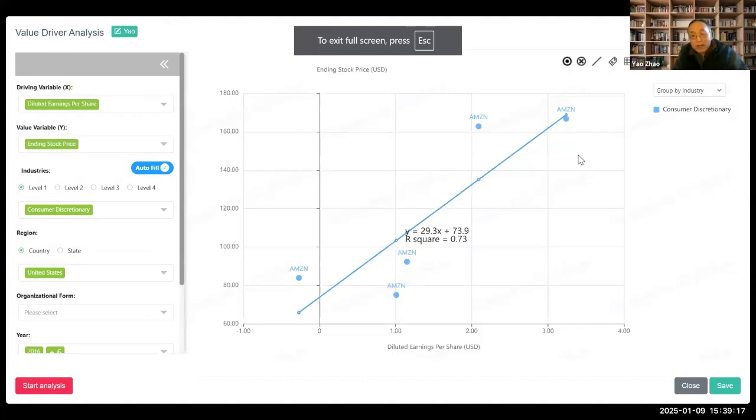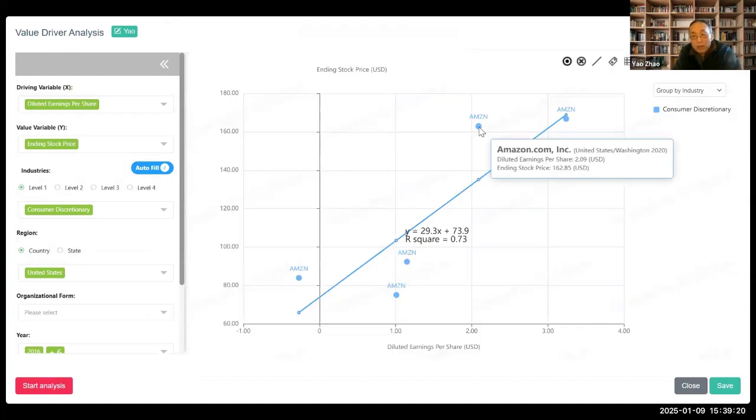Using value driver analysis, scalar builds a model between stock price and earnings per share for Amazon. That shows how closely they are moving together quantitatively. We can build the same model for other companies.